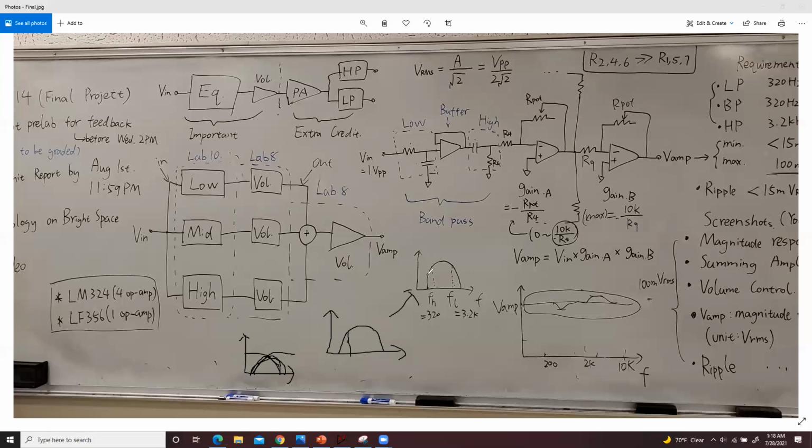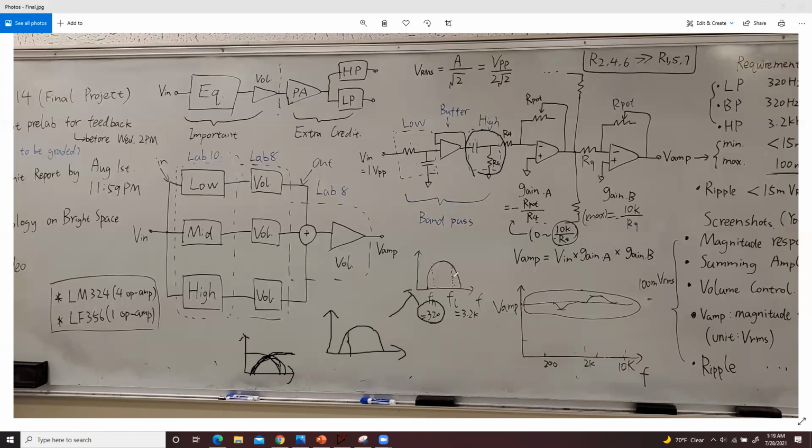Because you have two curves, this curve is defined by the high pass filter, which means this is the cutoff frequency for the high pass filter, and the value for this capacitor and the resistor is defined by this cutoff frequency.